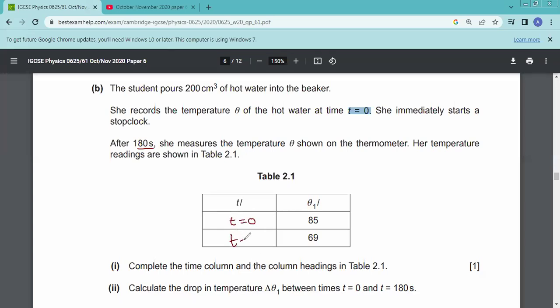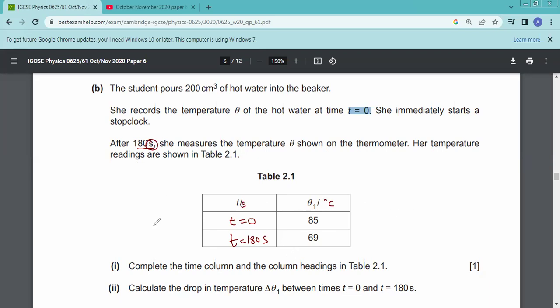And this is the time which is 180 seconds, because it was the initial time and it is the final time. Now, for the column headings, we write time in seconds, so the unit of time is seconds, and the unit of temperature is degrees centigrade. Here all the temperatures are in centigrade.